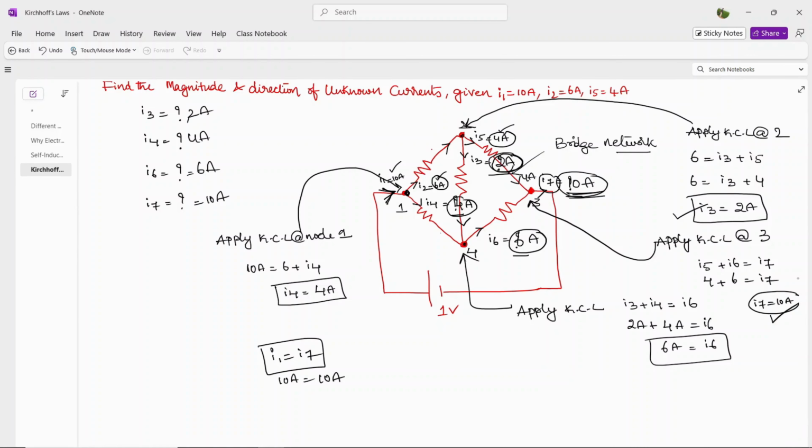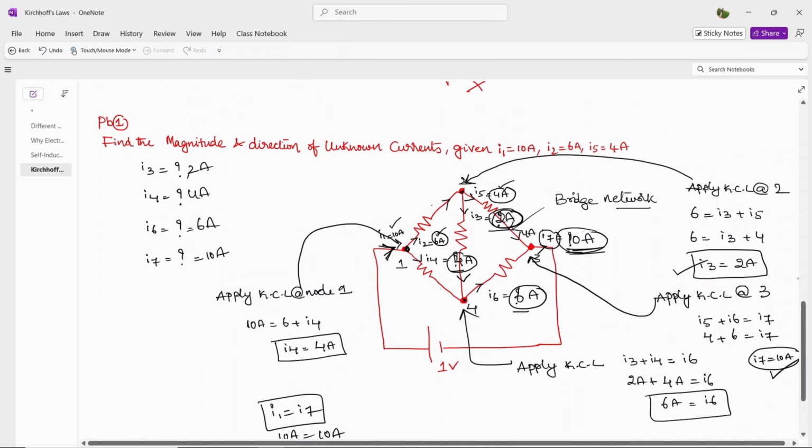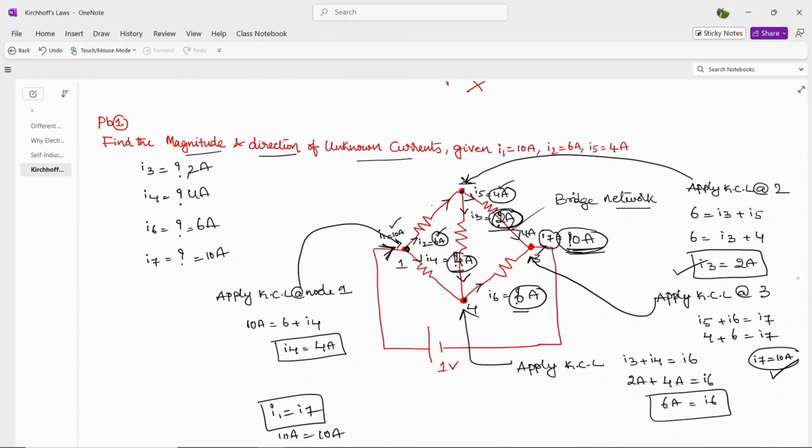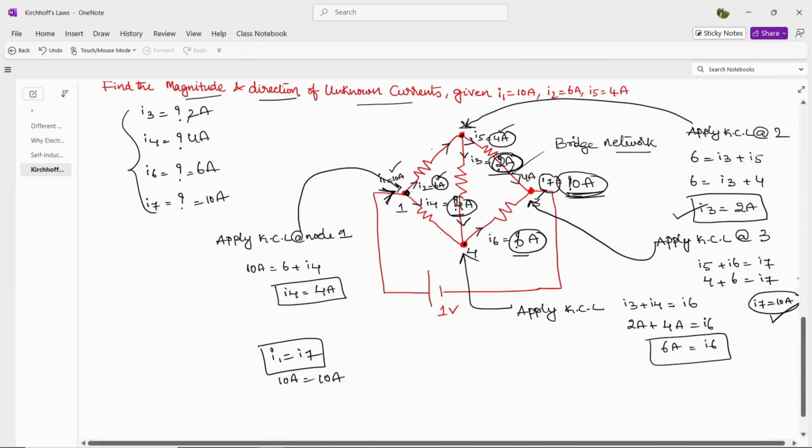So for the given bridge network, we successfully found the currents in each resistive branch. This is all about finding the directions as well as the magnitudes of unknown currents, which are I3, I4, I6 as well as I7. Hope the problem is clear.